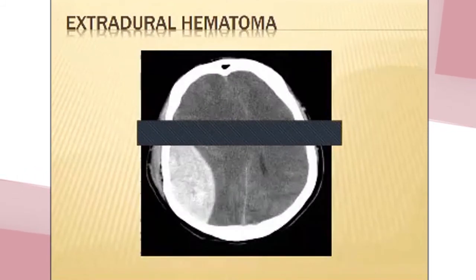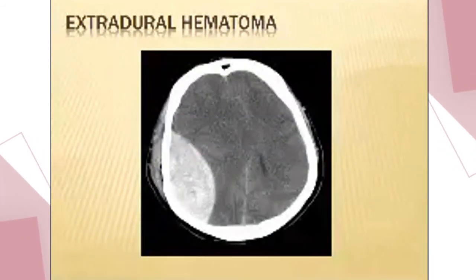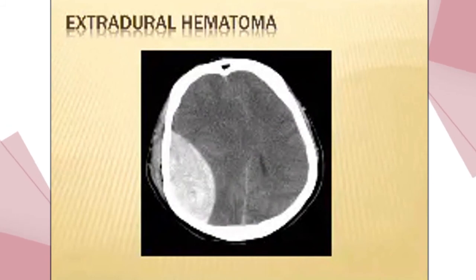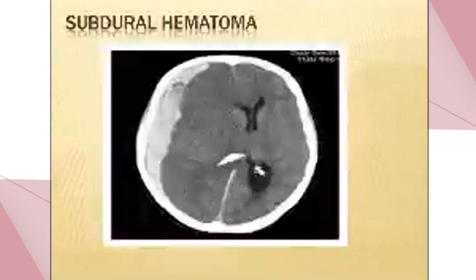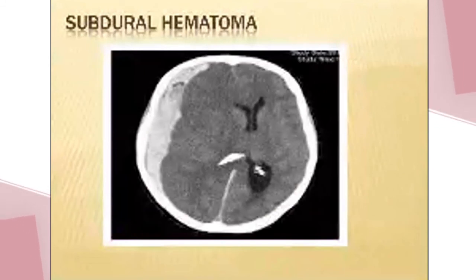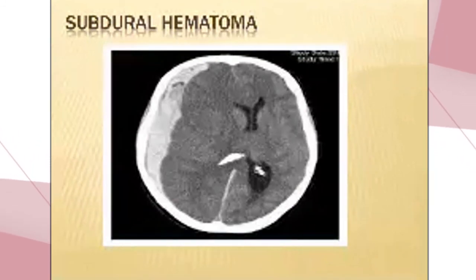What happens is that there is bleeding from the meningeal vessels or from venous sinuses or from the fractured bone. The subdural hematoma looks crescent shaped, and it is not limited by the suture lines. The impact of trauma is usually more in cases of subdural hematoma, and the patient also has brain contusions inside.